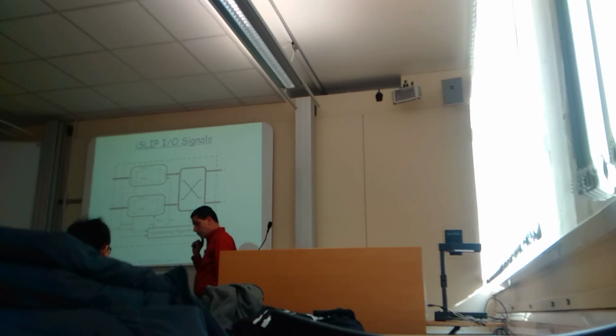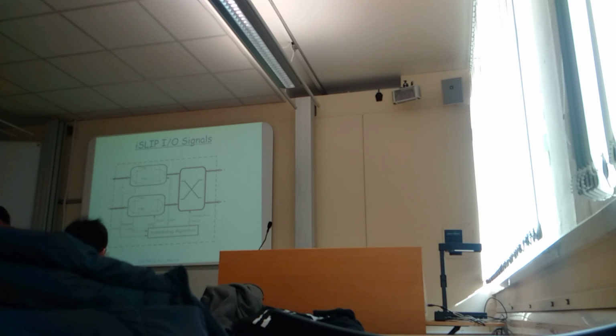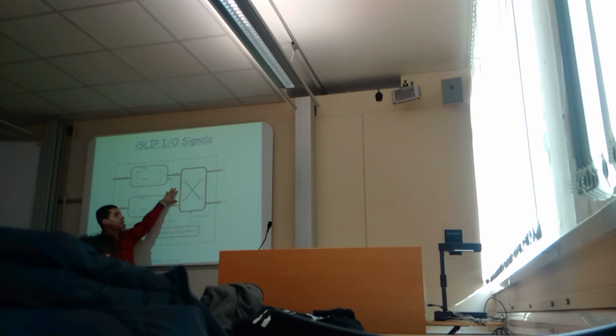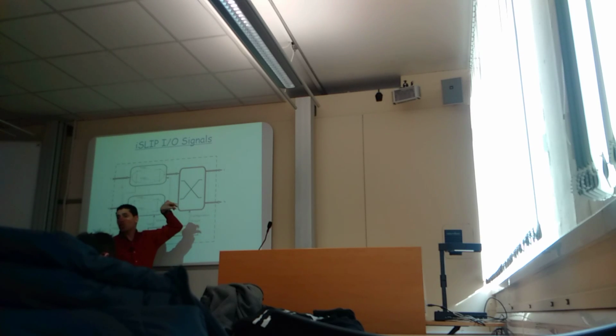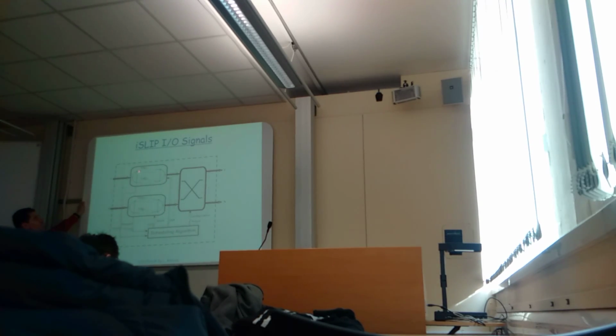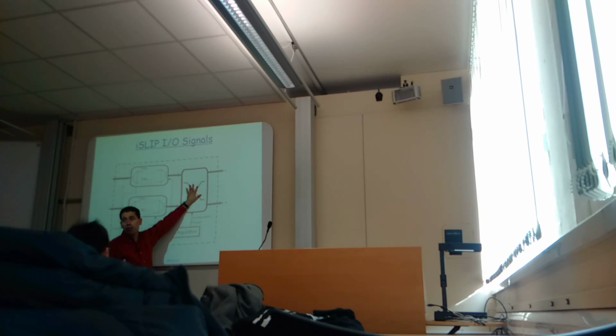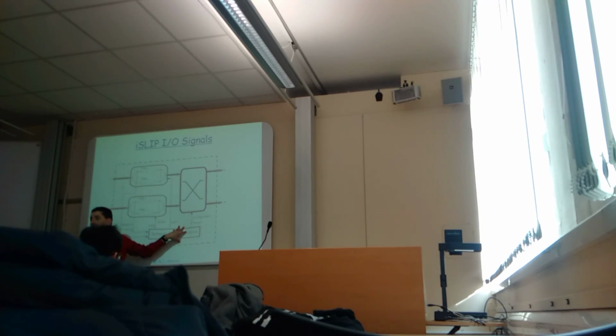This is an important slide also. It tells you the number of signals that are needed by an arbiter. Remember the scheduling arbiter, are you familiar with this picture? These are the input ports, this is the crossbar, these are the output ports, whereby each input port has n queues. Now you will need a block called the scheduler.